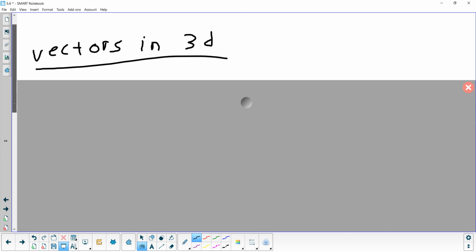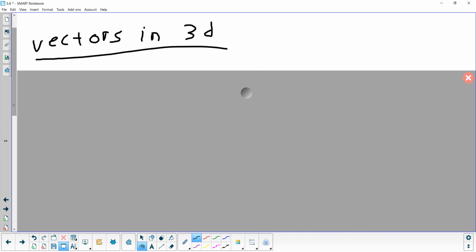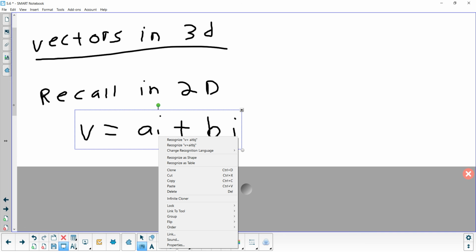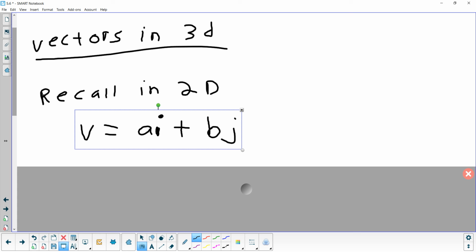So now let's take a look at vectors in 3D. If you weren't here, this is going to review most of what we did all week, except doing everything that we did in 2D, now in 3D. So in 2D, this is how we write a vector. We have a horizontal component times I. Remember, we talked about I and J. Those are like Lego, right?